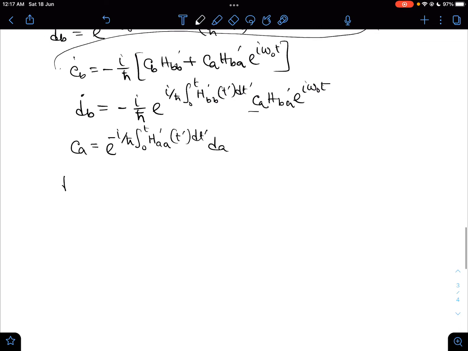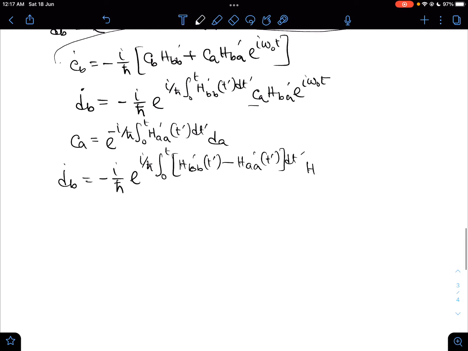So we will get dB prime to be minus i/ħ e^(i/ħ) integration from 0 to t of [H_bb'(t') minus H_aa'(t')] dt', and we have other terms like H_ba' e^(iω0 t) dA.